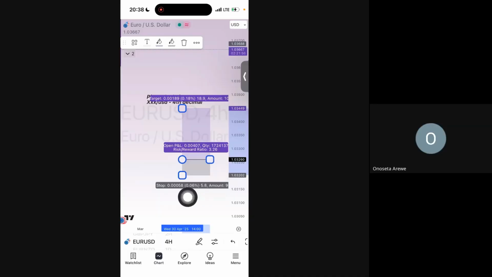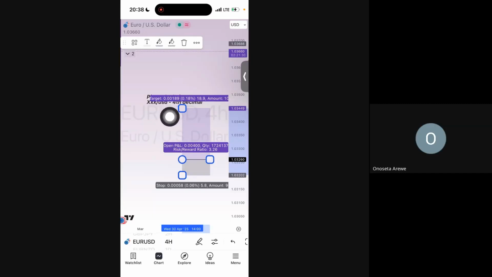Now, for the take profit, we have 18.9 pips. How? If you minus this price from this price, you get 18.9. And it's 18.9 pips, not 189 pips. Why? Because it starts counting from the fourth decimal place.